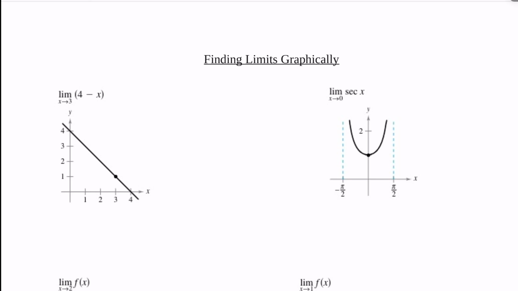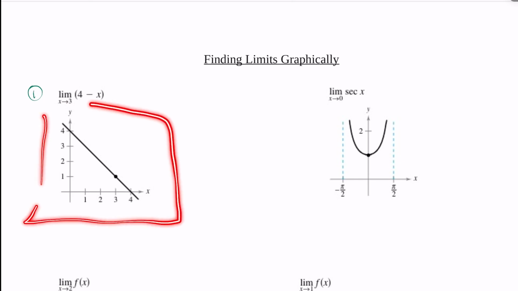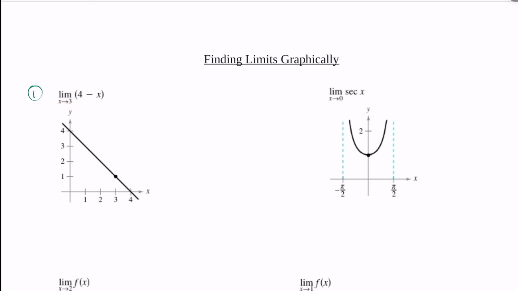So we want to find the limit of 4 minus x as x approaches 3. So this is example 1. Clearly you can see that we have the graph of f of x here, 4 minus x. Now we look for x equals 3, which is this value, and we trace it to the graph, that is this point.